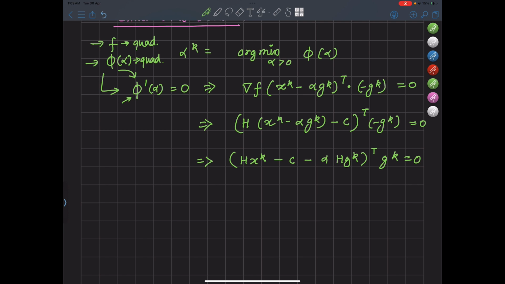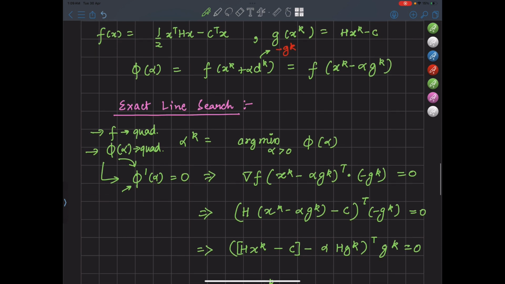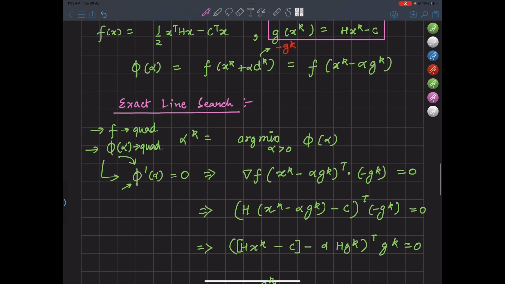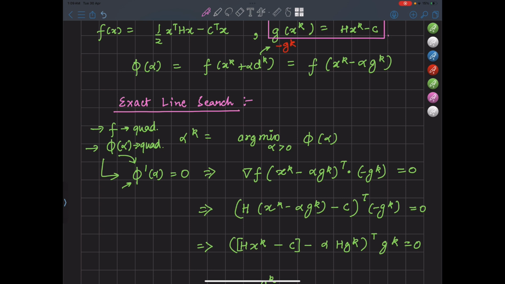Now we know that Hx_k minus c is what? g_k. We had already seen this, so we are using this relation here.